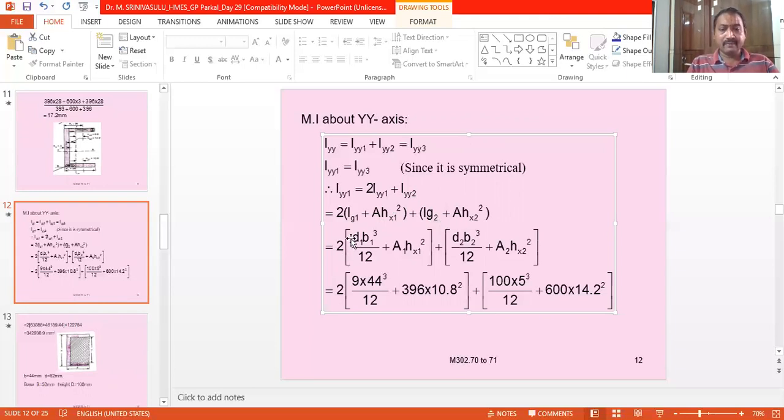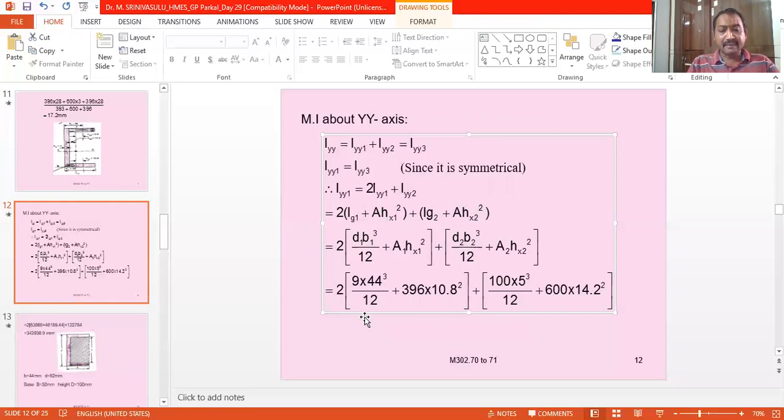We know the standard equation for the moment of inertia of a rectangle about the y-axis, about the central axis, is equal to db cube by 12. That is the common formula. Here for rectangle 1 it is d1 into b1 cube by 12 plus this term, and for rectangle 2 it is d2 into b2 cube by 12 plus this term.